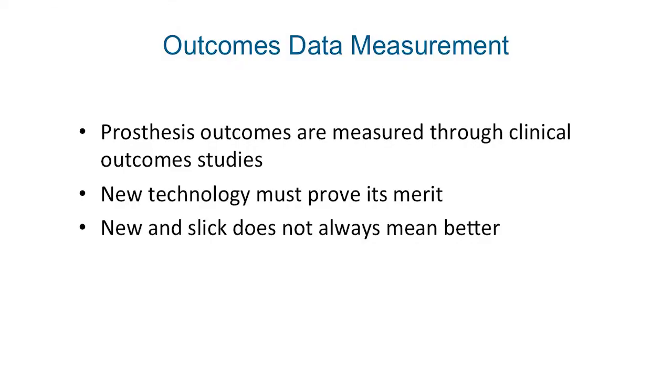As we talked about a few minutes ago, really we're still waiting for the long-term studies, but so far so good. And the new technology has to prove its merit. It doesn't necessarily mean that because it's new and it's the latest technology that it's the best, but the reasoning behind all of this seems a reasonable way to go.